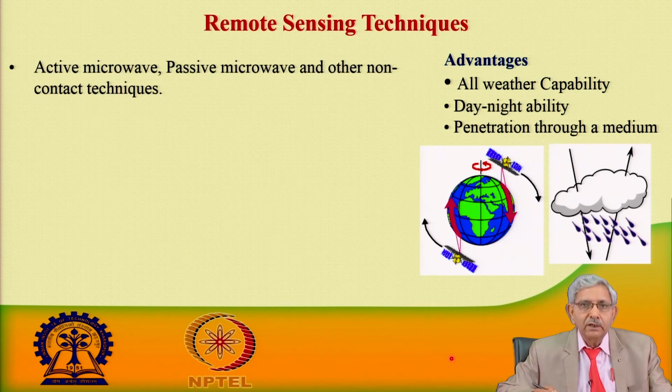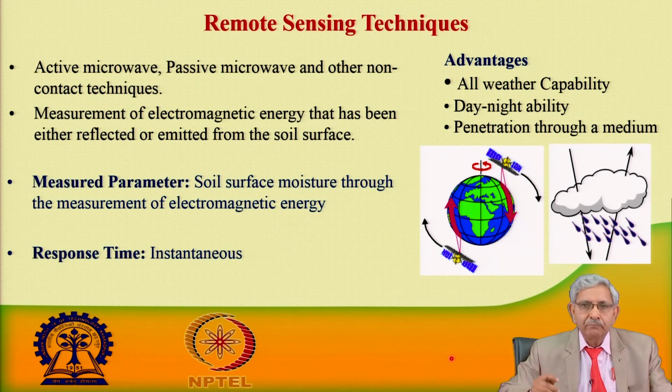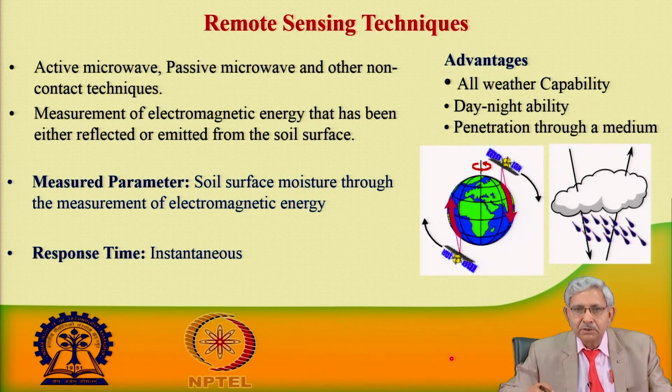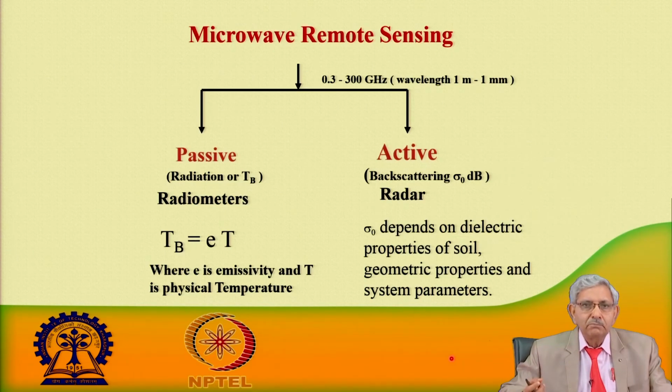Another way of monitoring soil water content is remote sensing, where we use active as well as passive sensors. In active sensors, side looking radar or synthetic aperture radar pulses are thrown and the reverse pulses are measured.